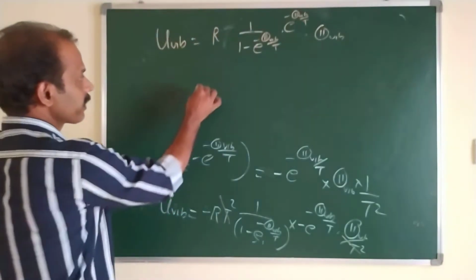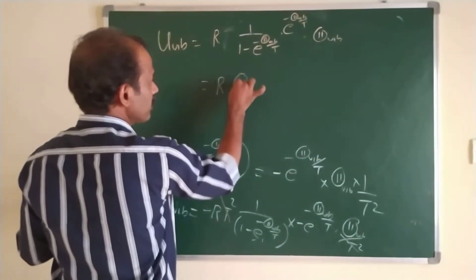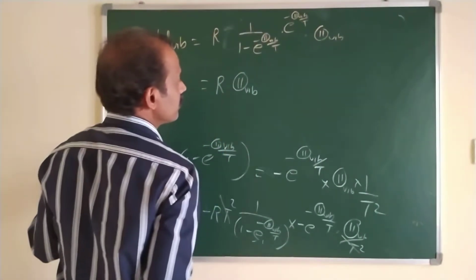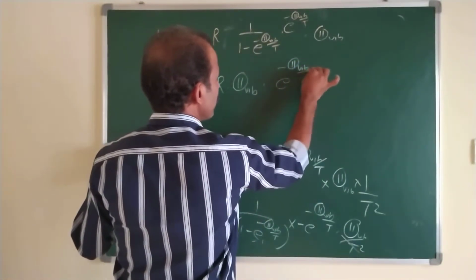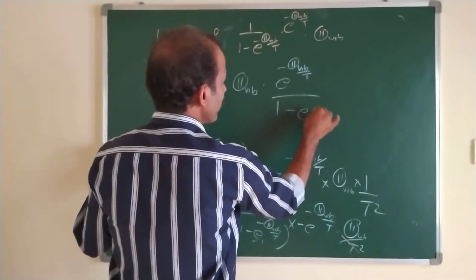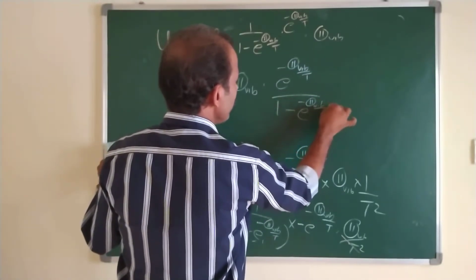So we can write it as R into theta vibrational into e raised to minus theta vibrational by T divided by 1 minus e raised to minus theta vibrational by T.